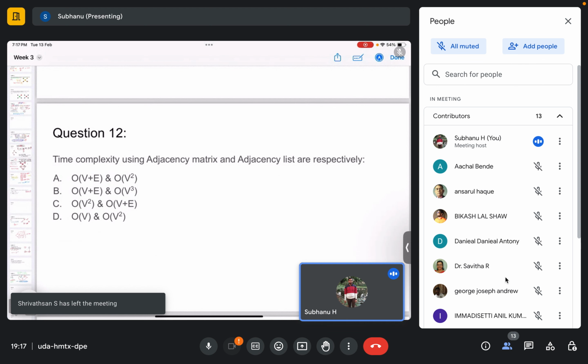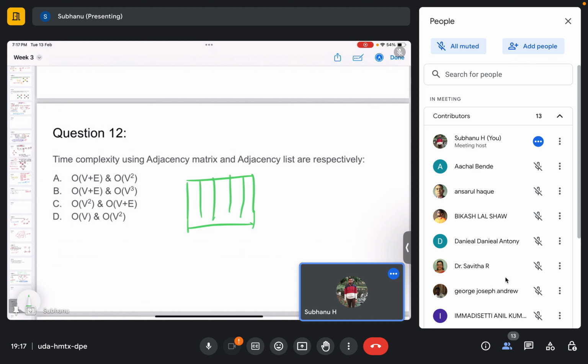For an adjacency matrix you have to create a matrix like this, of size 1 to V by 1 to V. Here you will have 1s and 0s; this is an adjacency matrix. If two nodes are connected, like node number 1 and node number 2, then this entry will be 1.